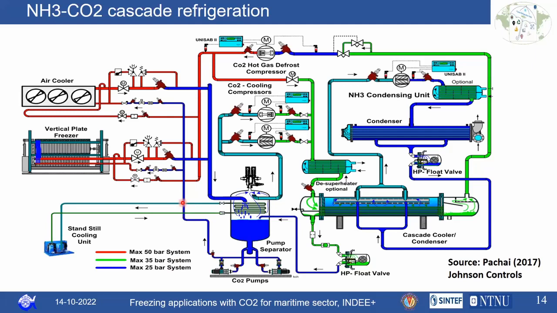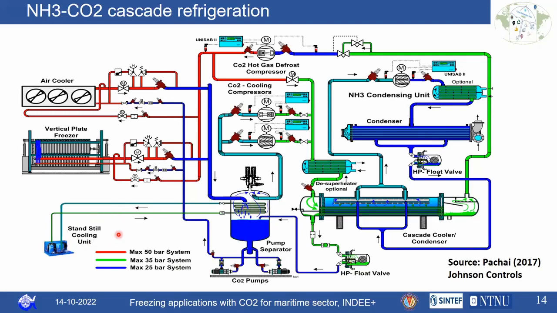So when the system is not operating, it will be at equilibrium with the ambient temperature, and the pressure will correspondingly start to rise. Your design pressure or pipe pressure will be something around 50 bar, but at 30 bar your pressure will rise up to 70 bar. So that will actually affect the system. To overcome that, you can go for a standstill cooling unit.